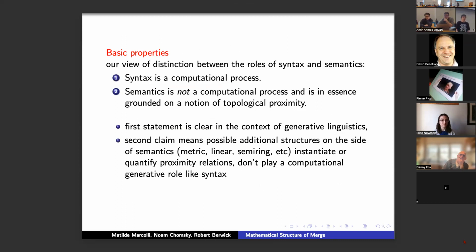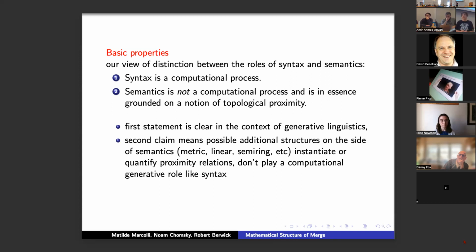So now let me be even more controversial in what I'm saying. In the construction that I'm going to describe, the roles of syntax and semantics are completely different in nature.